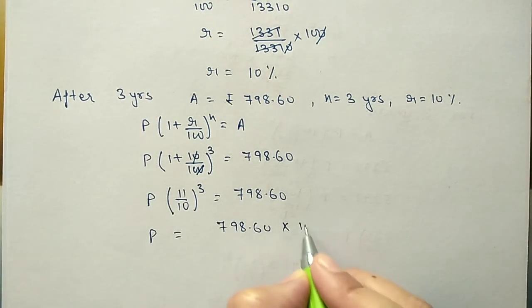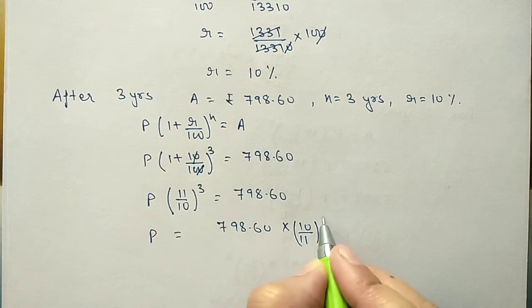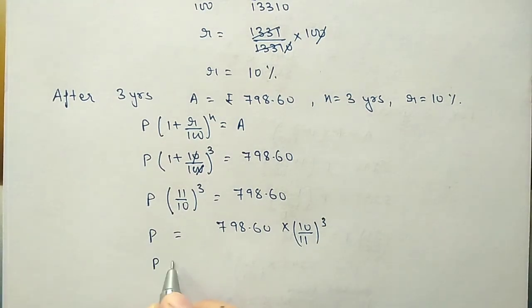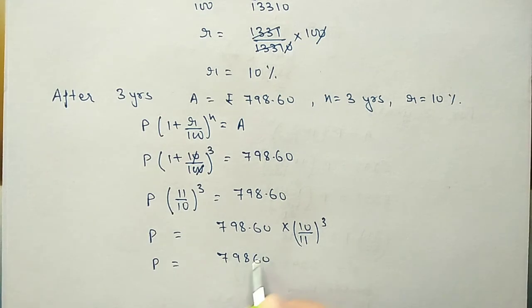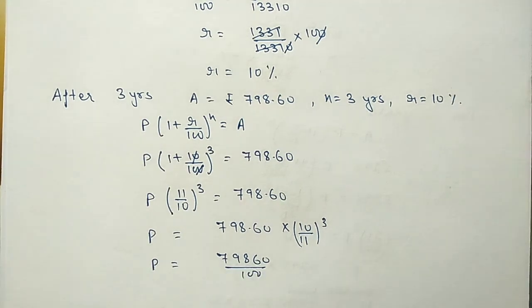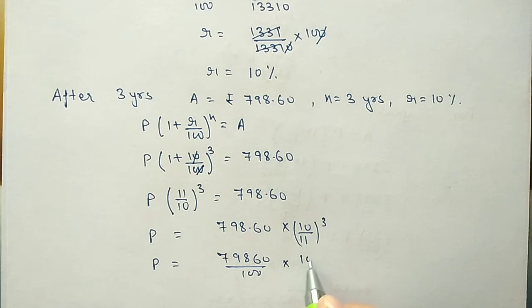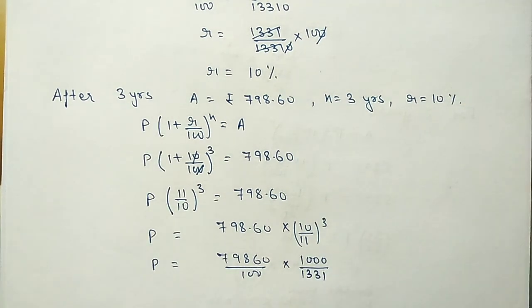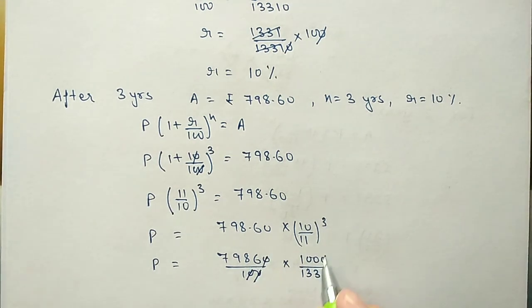It will become (10 by 11) to the power 3. So P is equal to 79860, we can remove the decimal, into 1000 by 1331. 11 if you multiply 3 times you will get 1331. Now you can do the cancellation. 10 here, 10 here.